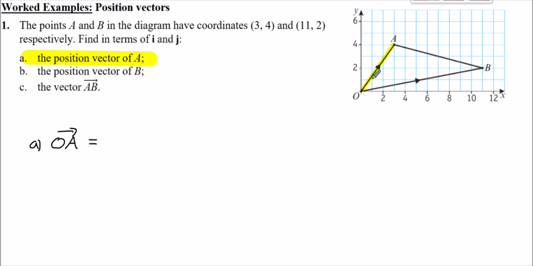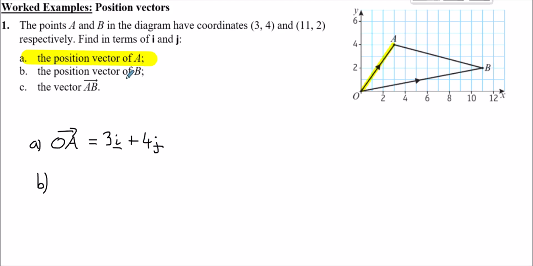So for O to A, how far along do we go? Well, because we've got the coordinates, we have to go 3 along, so it must be 3 in the i direction. And how far up do we go? We are going up 1, 2, 3, 4 up, which of course it tells us with this coordinate. So we're going 3i plus 4j. That's literally all there is to it.